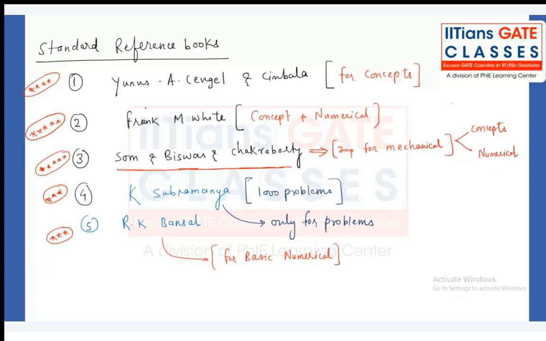Now again you will be confused among the five textbooks: which book do I need to follow? It is up to you. From the top three, one to three, you can follow any one book. Don't try to follow all three books, otherwise you will be completing only fluid mechanics in the upcoming six months. Only one textbook, it's your choice: Cengel and Cimbala, F. M. White, or S. K. Som.